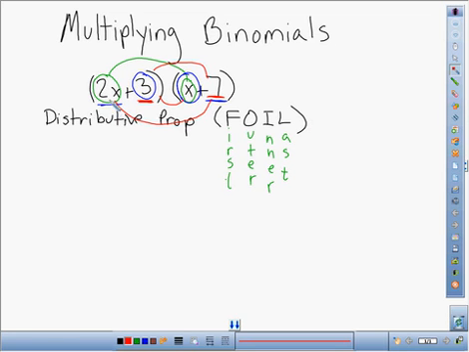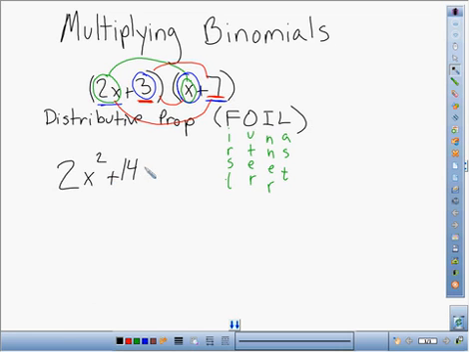So first I'm going to do my first terms. 2x times x. 2 times 1 is going to give me 2. And then x to the first times x to the first, 1 plus 1 is going to be 2. So I get 2x squared. Now I've got to do my outer terms. 2x times 7. So 2 times 7 is going to be positive 14.